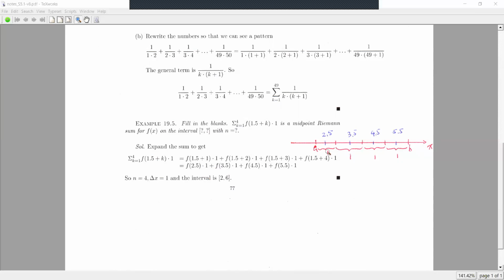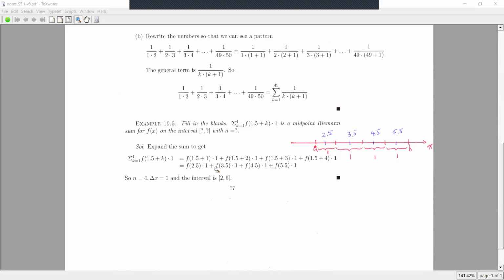So here, AB here. Now cut this interval evenly into 4 subintervals. And this sum is a midpoint Riemann sum.